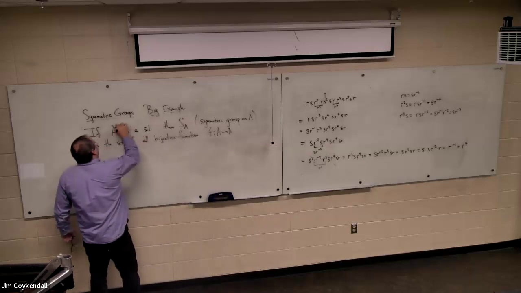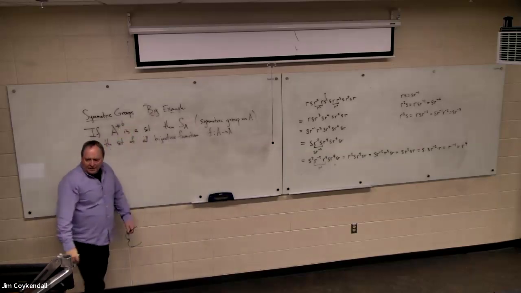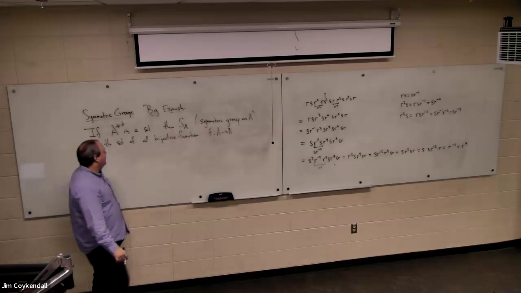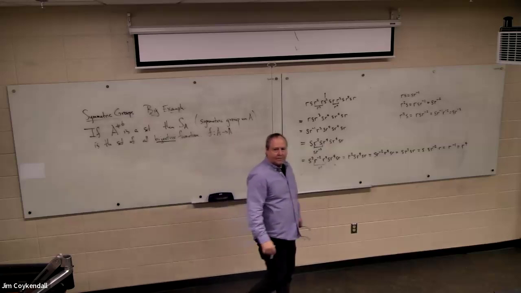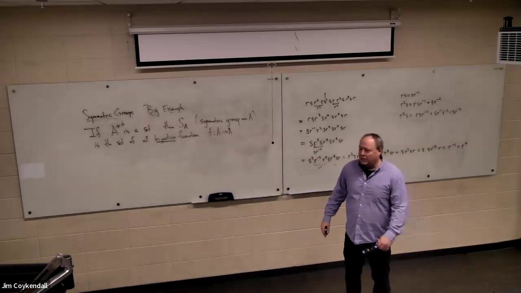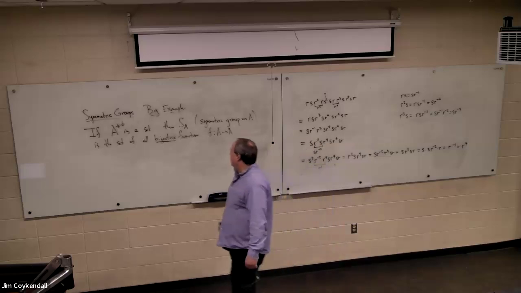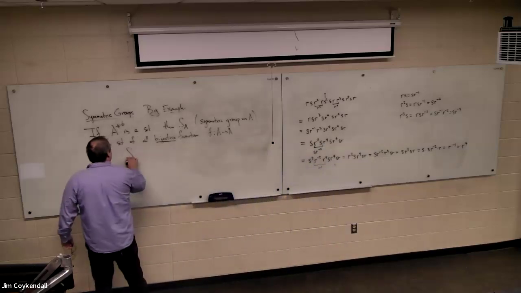I do need, let me throw in this, I want A to be not the empty set. And bijective is very important here. It's all functions from A to A that are one-to-one and onto. So I could write this as set builder notation.